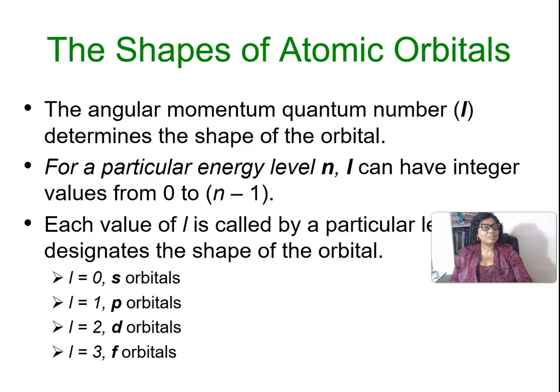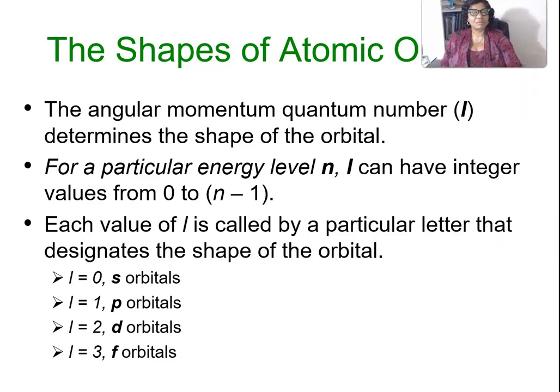Each value of l is called by a particular letter that designates the shape of the orbitals. So l equals 0 is s, it designates the shape. l equals 1 is p. l equals 2 is d. As we said earlier, we talked about it. Now you're going to see them.